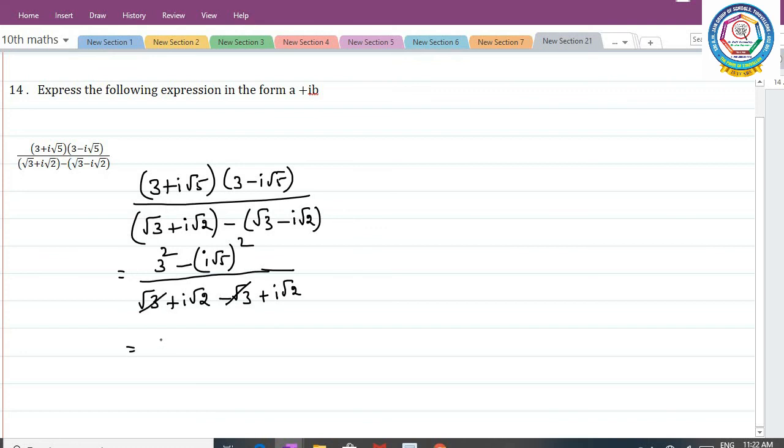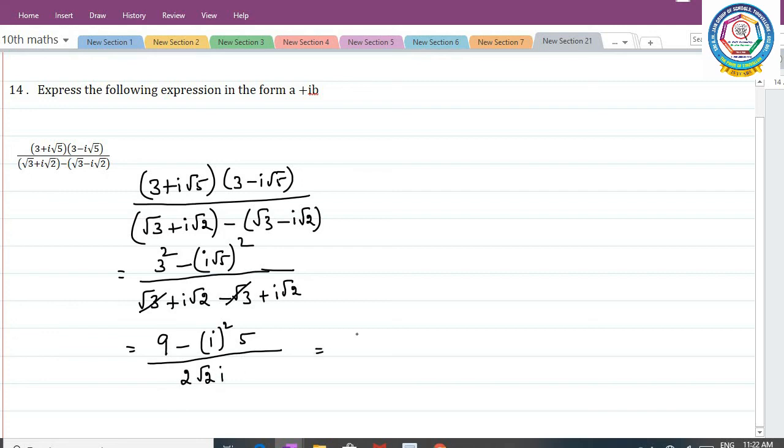In the numerator, 3 squared is 9 minus, we have to take the square inside, so i root 5 the whole squared, over the denominator 2 root 2 i.